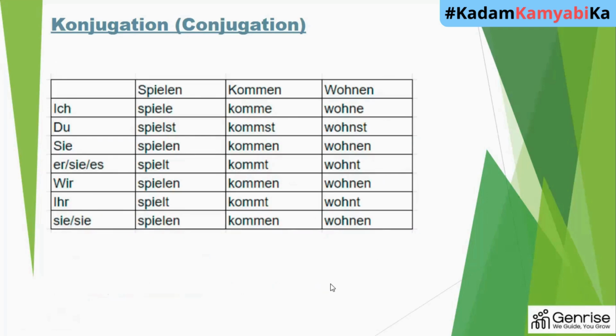Here is the answer key. Spielen, kommen, wohnen. And with ich, see, we have added e endings. In du, it's st, so it will be ich spiele. Please repeat after me. Ich spiele. Du spielst.